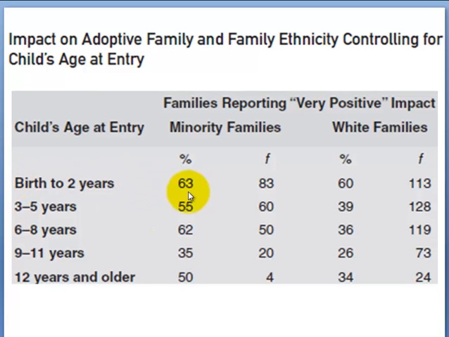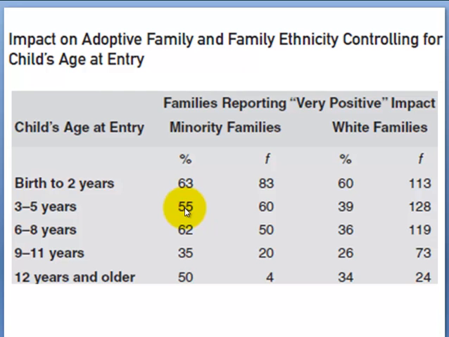Now, I think that the big pattern that I'd point out here is that following control for age group, within most age groups, and for the most part, we still do indeed see association between ethnicity and impact. So let's, for instance, look at the kids in the 3 to 5-year-old group.